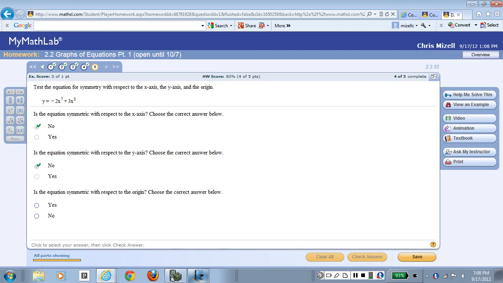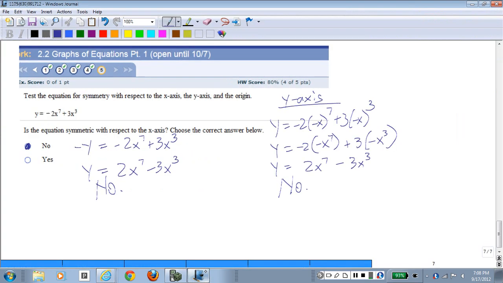Is it symmetric with respect to the origin? That's still a possibility, because the first two failed. For origin symmetry, we substitute negative y for y, but at the same time, we substitute negative x for x.